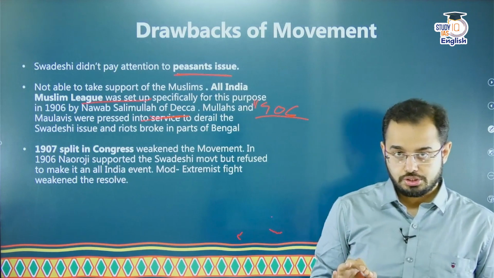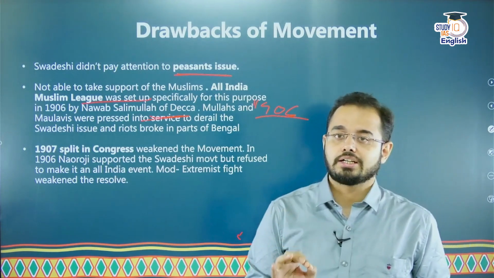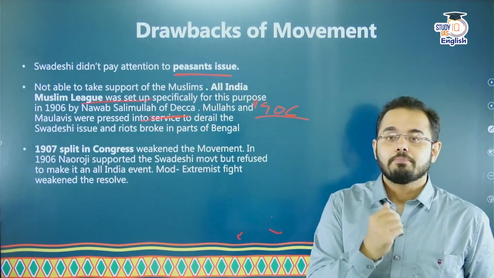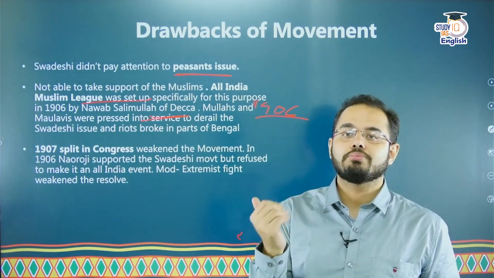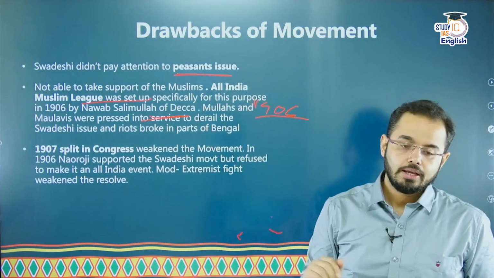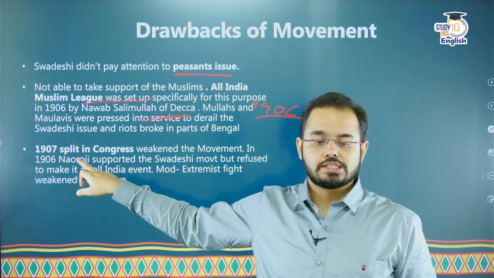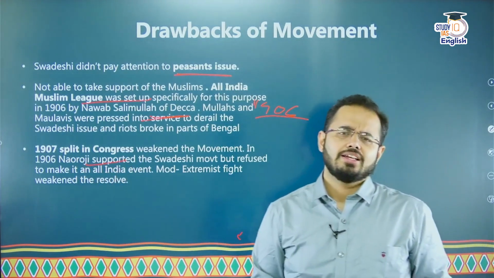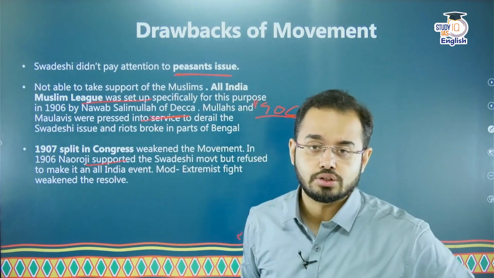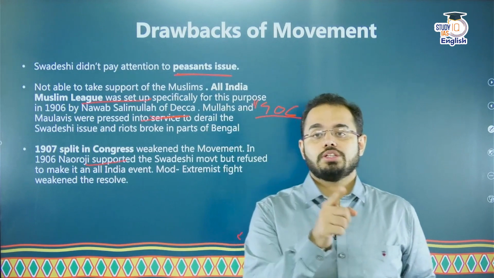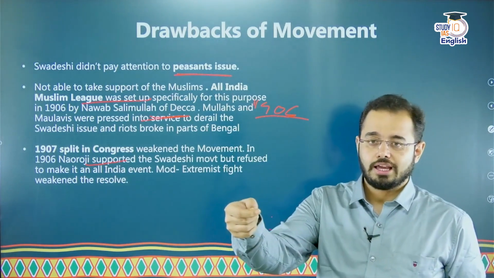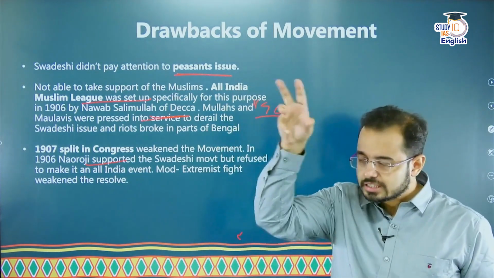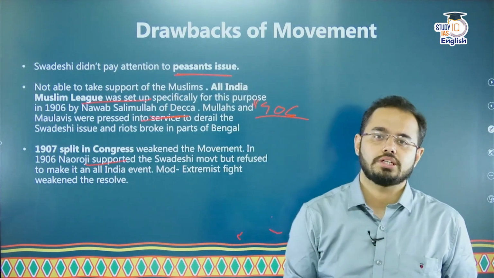The moderate faction wanted to help the Swadeshi movement, but they didn't want the Swadeshi movement to spread outside Bengal. Particularly in 1906, Dadabhai Naoroji, who was leading the Calcutta session, said that we accept the Swadeshi movement as one of the most important agendas of the Indian National Congress, but we don't want the Swadeshi movement to spread outside Calcutta or outside Bengal, because it is an issue of Bengal. It should remain situated within Bengal.